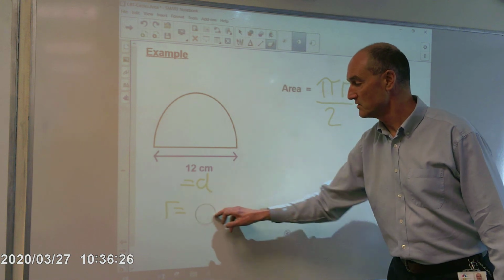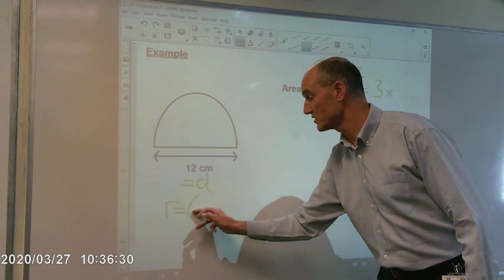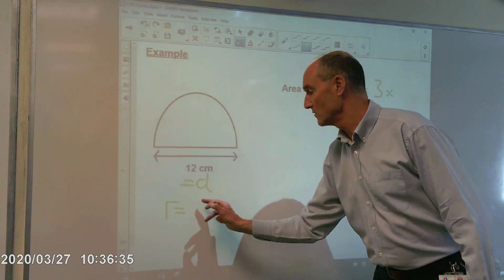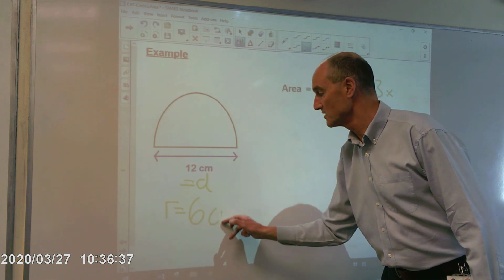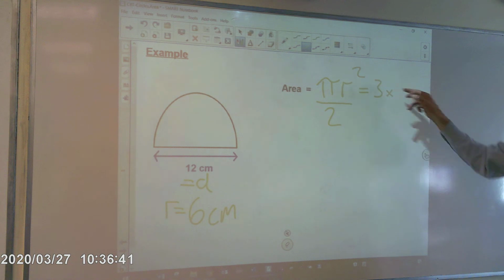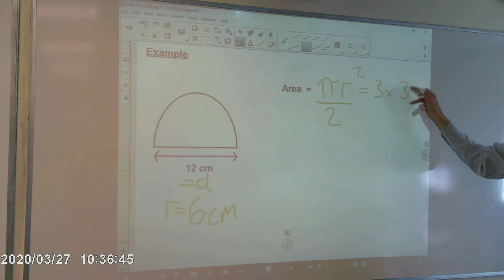The radius is actually going to be 6 centimetres there. The radius is 6 centimetres because it is half of the diameter. So 3 times r squared is 36.